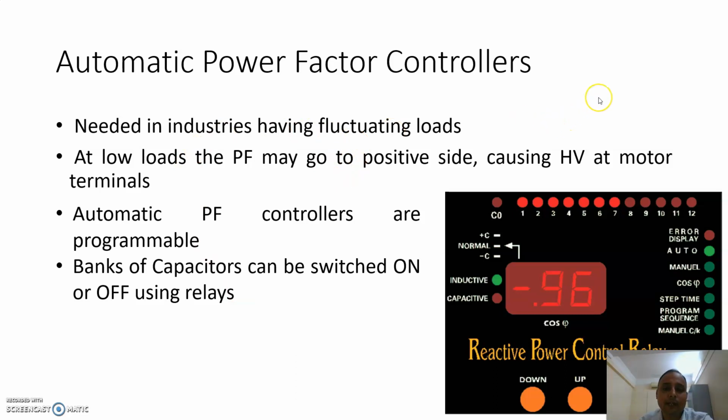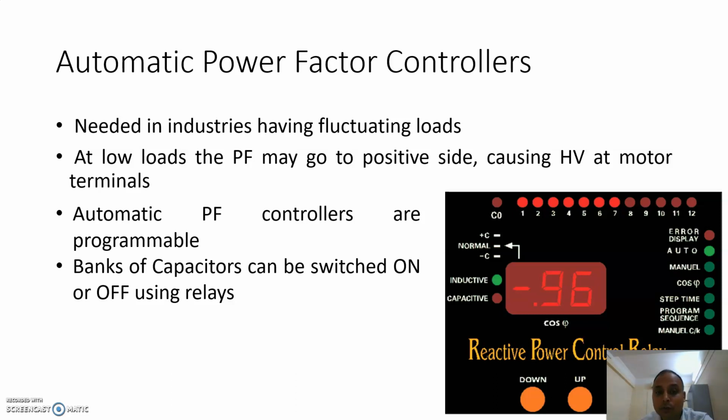There are different types of power factor controllers available nowadays. One of them is shown here as an example. An automatic power factor controller is needed in industries where the loads are fluctuating in nature. So installing one constant value of capacitance may not be sufficient.